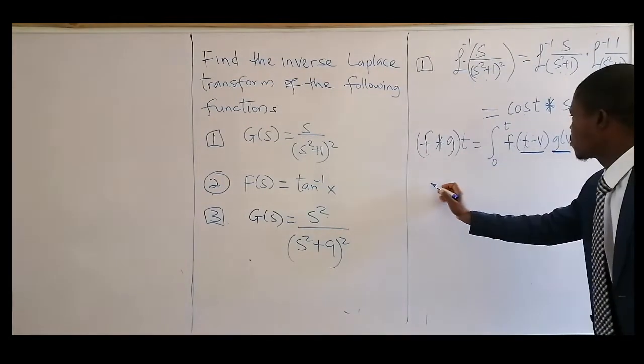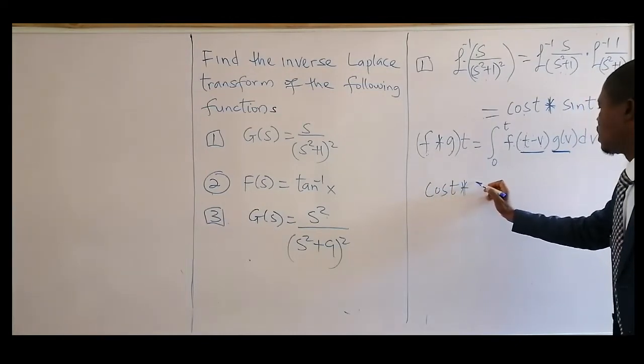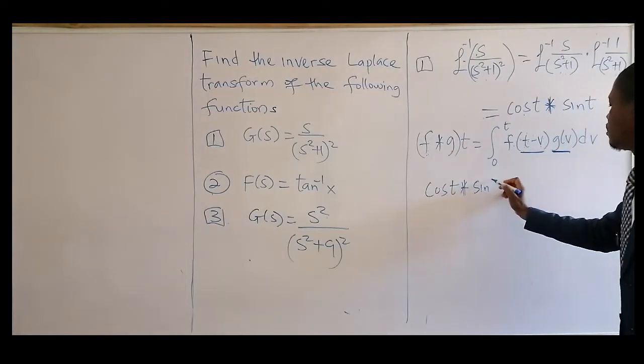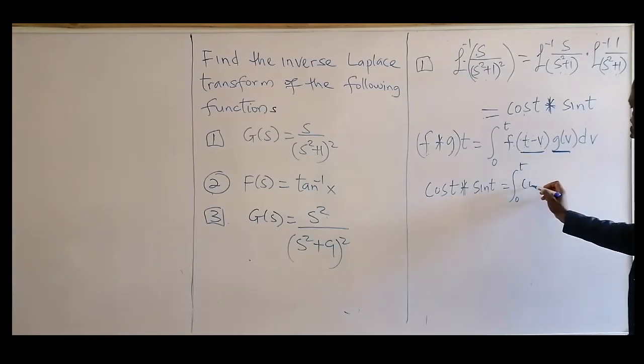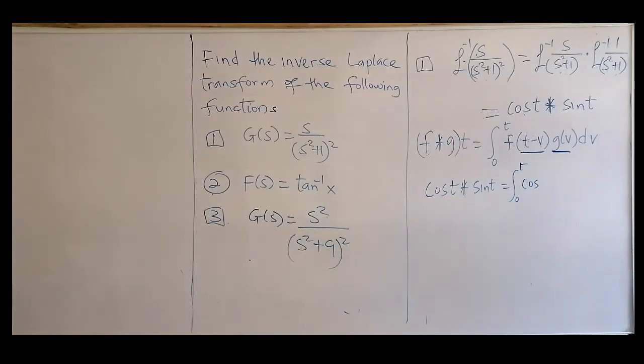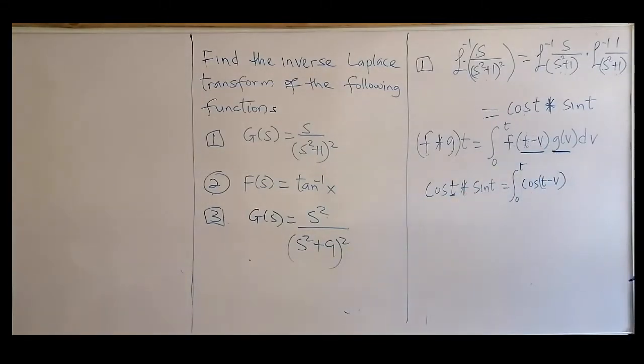This will be equal to cos t convoluted with sine t, which equals the integral from 0 to t of cos of t minus v, where wherever you see your t you substitute t minus v, and then the second function, sine of v.